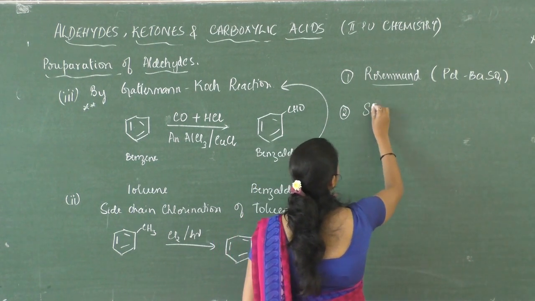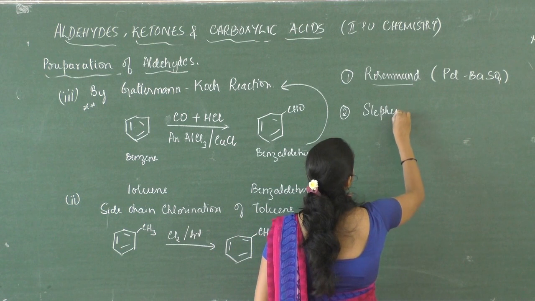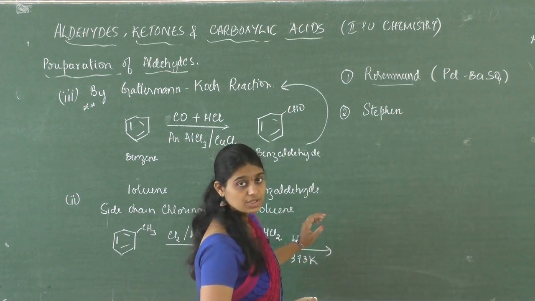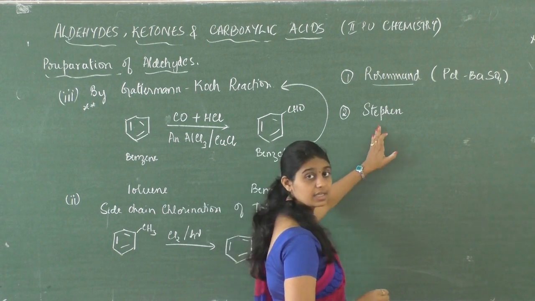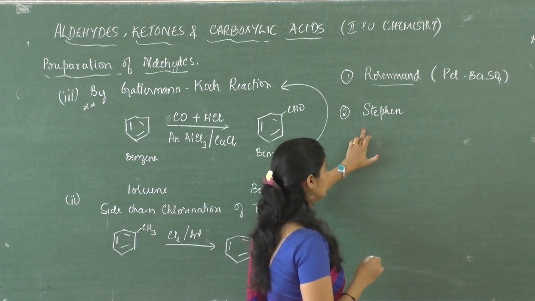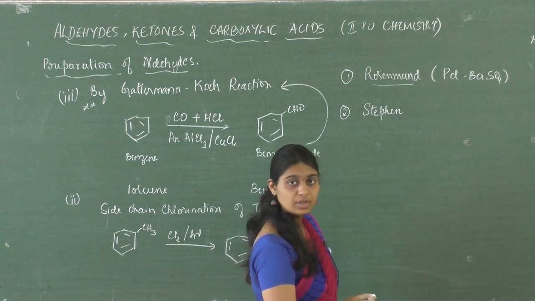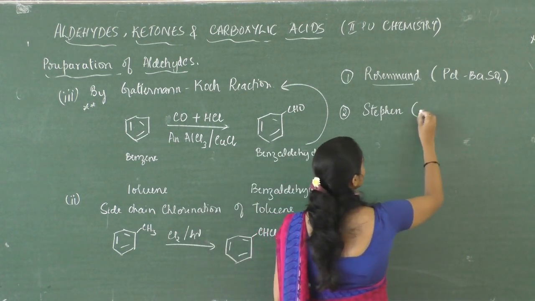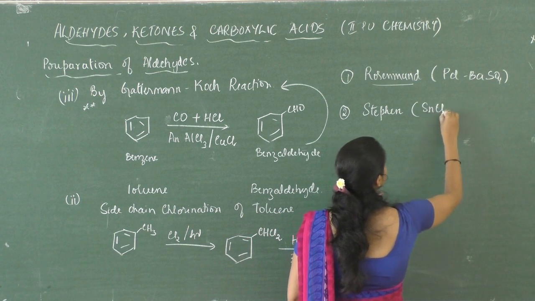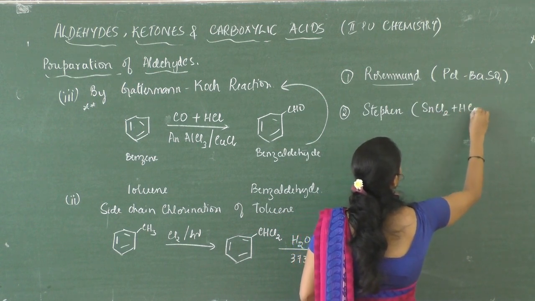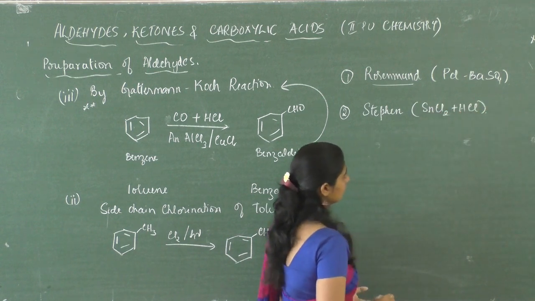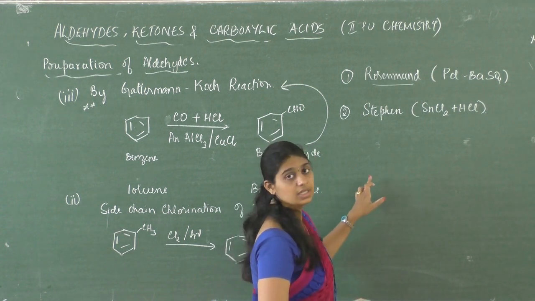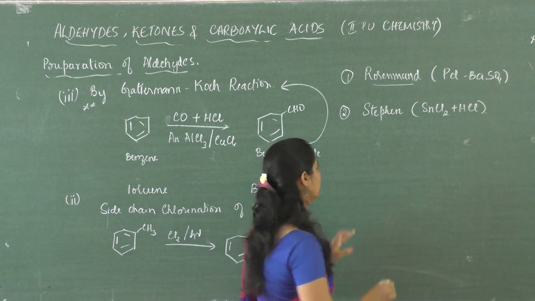And next we have studied the Stephen reaction. So in the Stephen reaction, the nitriles are reduced so as to form the corresponding imines when treated with stannous chloride and hydrochloric acid. Imines are formed, which on hydrolysis will give you the corresponding aldehyde.